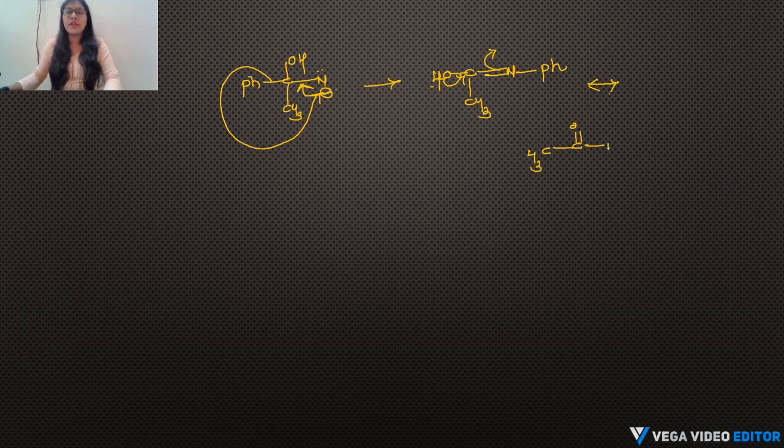Then this lone pair of nitrogen, this negative charge, donates electrons, and we get C, OH, nitrogen, Ph, CH3 with a double bond. Then it undergoes tautomerism. This bond takes this proton, and we get CO, CH3, NH, Ph. This is the product if we take a ketone.